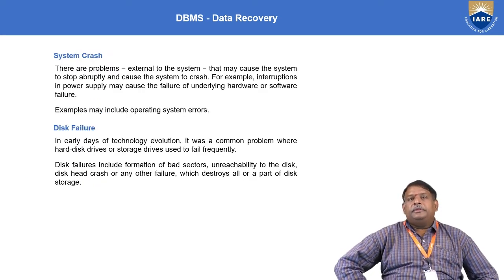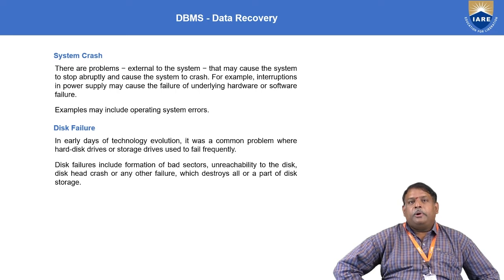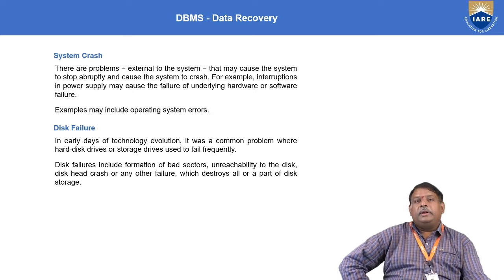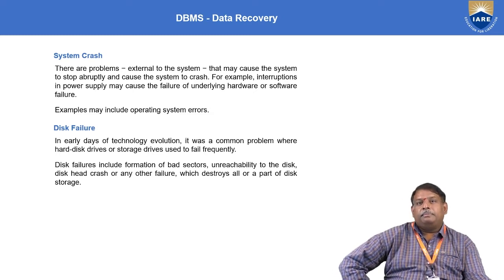Also, there is one more thing: system crash. There are problems which are external to the system, and that may cause the system to stop abruptly and crash. For example, interruptions in the power supply may cause failure of the underlying hardware or software.